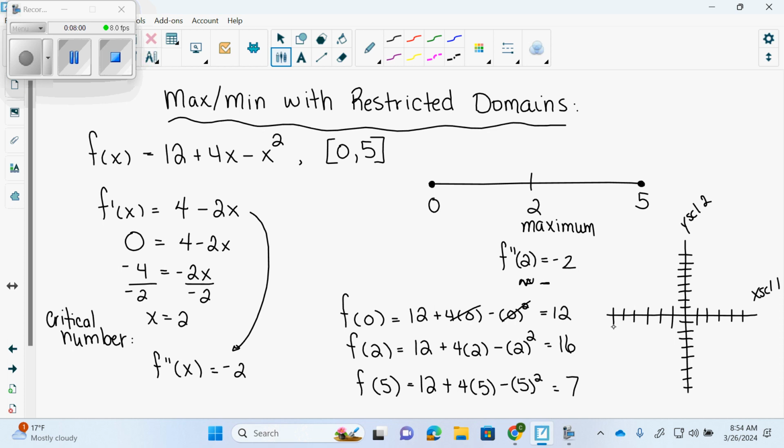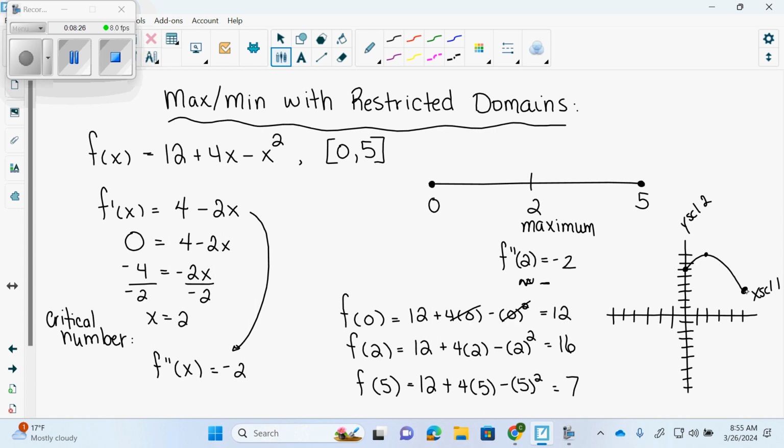Okay, so I have 0 and 12, I have 2 and 16, and then I have 5 and 7. Most accurate graph you've ever seen? No. Does it work? Because I'm not actually submitting this to anyone for mathematics marks.